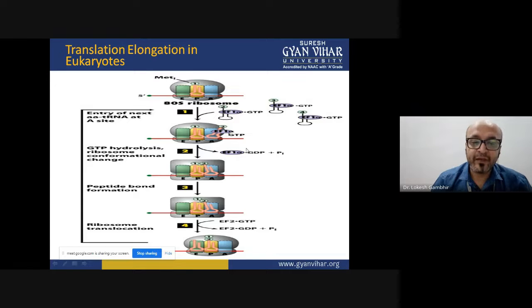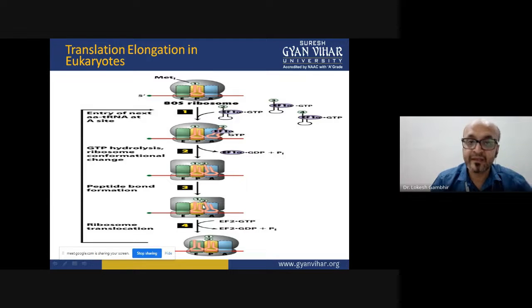Now there is a requirement to create a vacant space for the third incoming amino acid. Now what will happen? There will be a cleavage of the bond which is associating the amino acid with tRNA. And that is the cleavage of the ester bond. So the cleavage has happened, but this one amino acid is attached to the second amino acid, so it will not go away, and this is how the chain is forming.